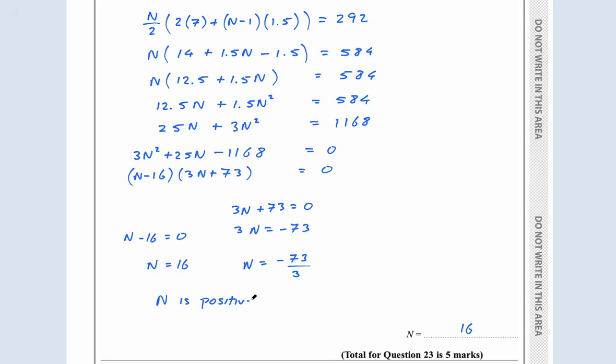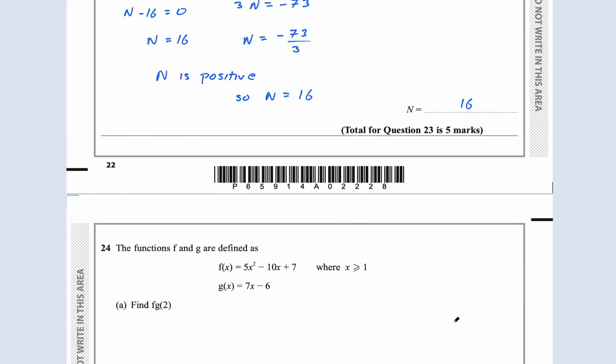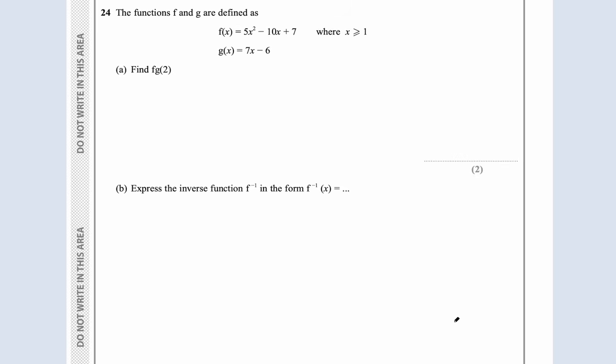We can't have the negative 73/3 term. It's the 16th term. So n equals 16. If you can figure out, guys, how to go backwards here, because factorizing this, I mean, that's ridiculous. You can't be expected to factorize this without a calculator. But if you can do that, fine. Otherwise, just use the quadratic formula, and you'll get the same answer. Okay, that's question 23.